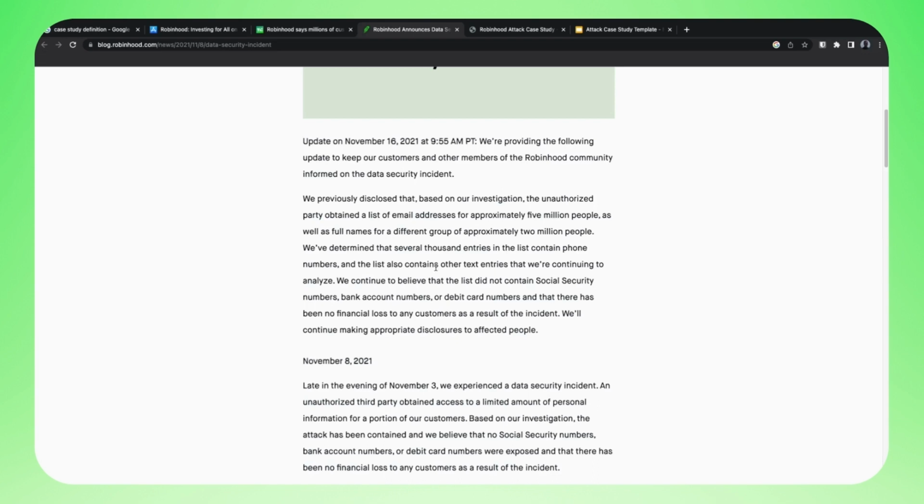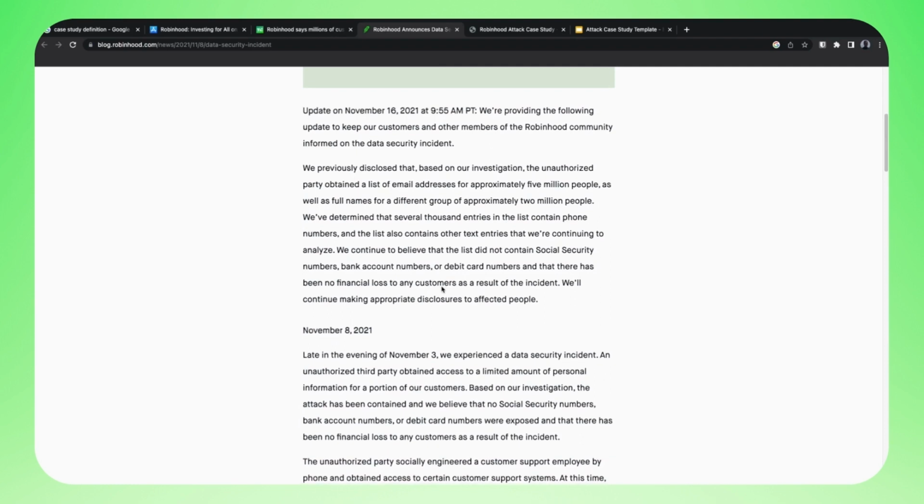We determined that several thousand entries in the list contain phone numbers, and the list also contains other text entries that we are continuing to analyze. We continue to believe that the list did not contain social security numbers, bank account numbers, or debit card numbers, and that there has been no financial loss to any customers as a result of the incident. We will continue to make appropriate disclosures to affected people. That's the breach in a nutshell.